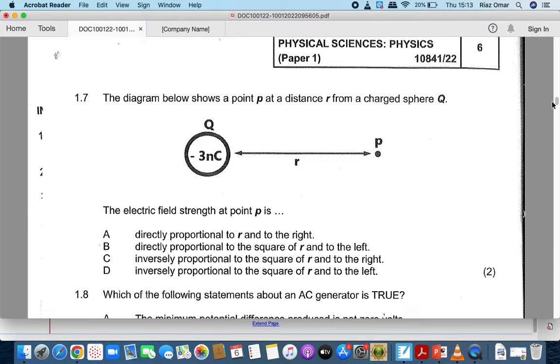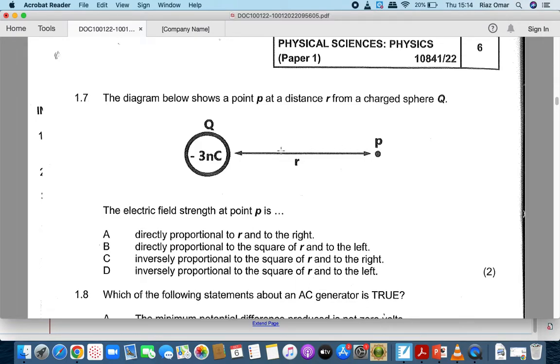Then between C and D we must make a decision. C: the electric field strength at point P is inversely proportional to r to the right. D: inversely proportional to the square of r to the left. So now, how are we going to choose? If you look at P and you look at Q, Q is minus 3 nanocoulombs, and P is a positive test charge.